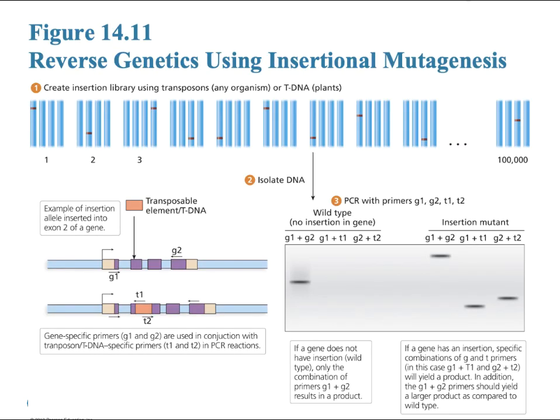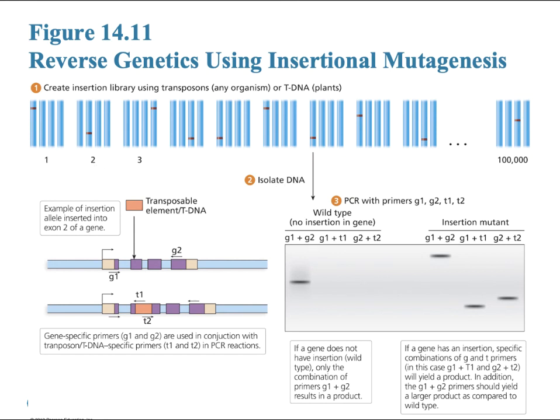The technique works as illustrated in figure 14.11. We have different strains of yeast lines or plant lines available to us. In fact, many hundreds and thousands, in this case 100,000, and each one has had a different chromosome that has on average incorporated a random piece of transposable element in this example.